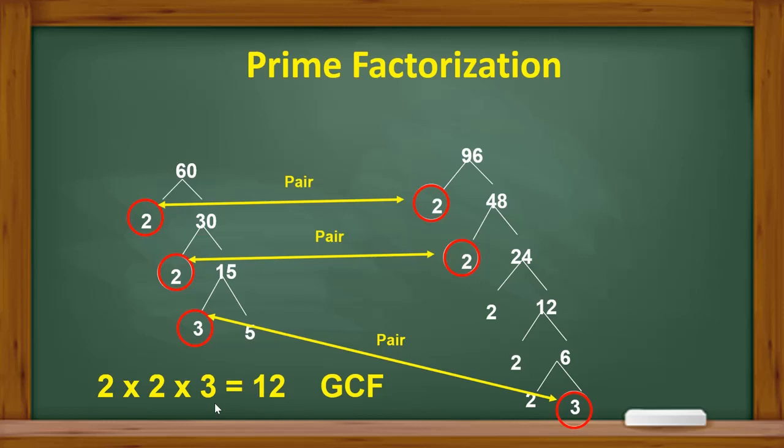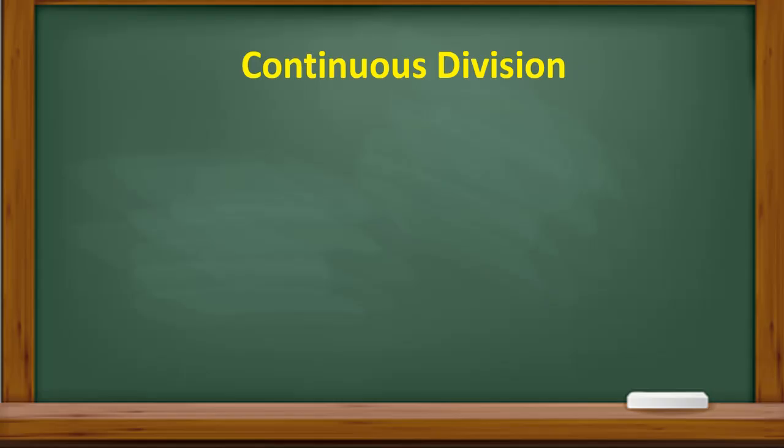How about the next method? For continuous division, we will think of a common factor that can divide 60 and 96, starting from the lowest.